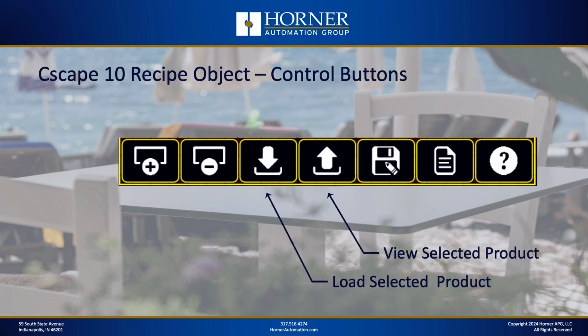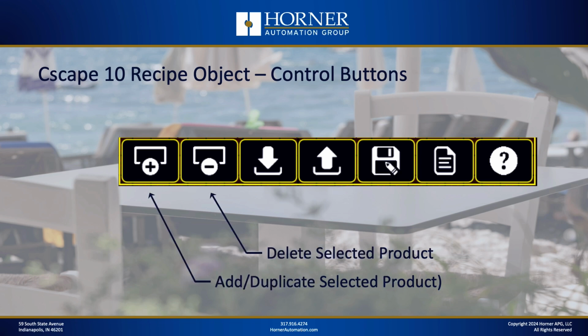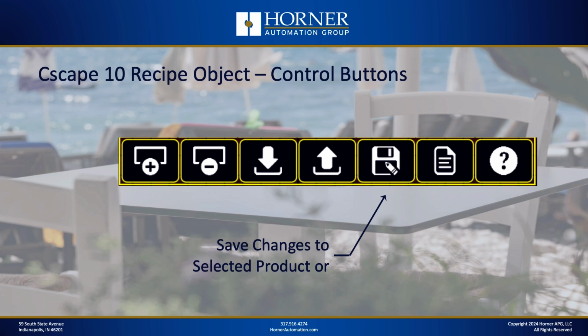There are a pair of buttons for viewing or loading a selected product, and another pair of buttons for adding or duplicating a selected product or for deleting the selected product. And then finally, there is a button that will allow the operator to save changes that they may have made to the selected product.